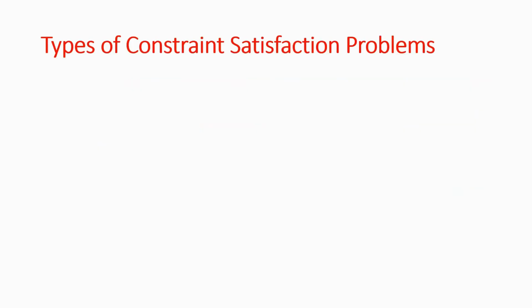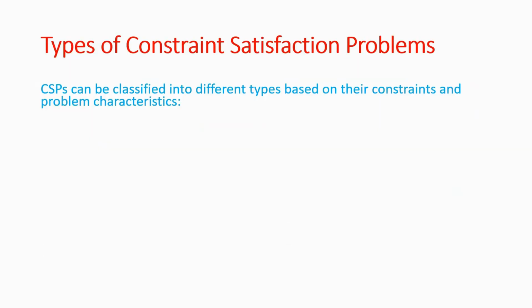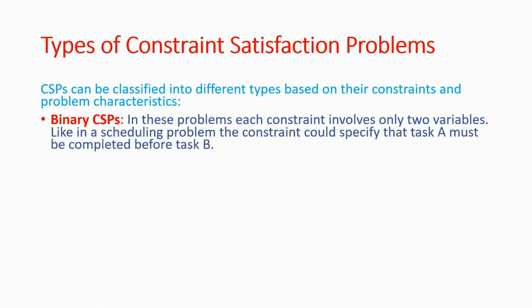So here we have the types of constraint satisfaction problems. First, we have binary CSPs. CSPs can be classified into different types based on the constraints and the problem characteristics. So we have binary constraint satisfaction problems. In these problems, each constraint involves only two variables.